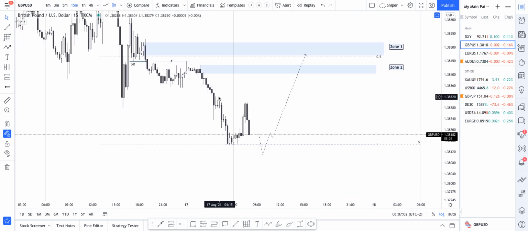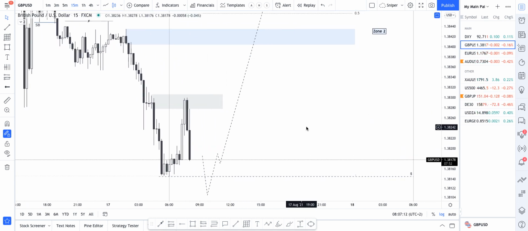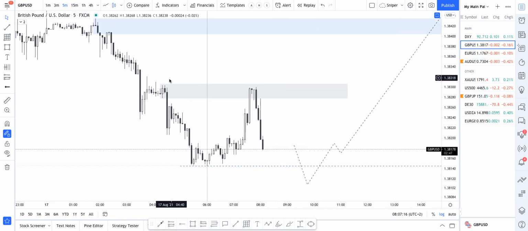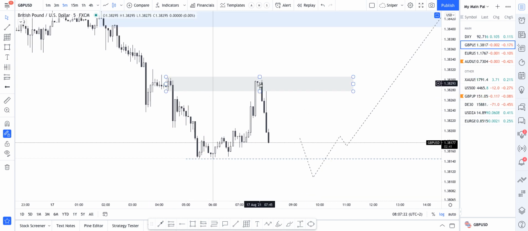So we are reacting off of this small zone over there, but that's not a viable, valuable zone for me really, because it's mitigating that zone. You can even see on the 5 minute it's clear: imbalance, order block, structure break. But for me, that wouldn't really fall into my plan. Obviously, you could have taken a short over here.